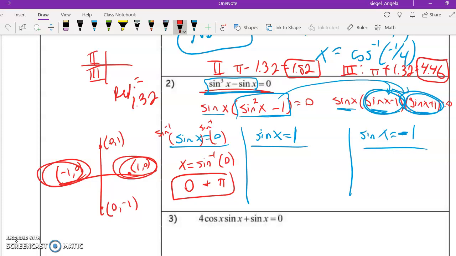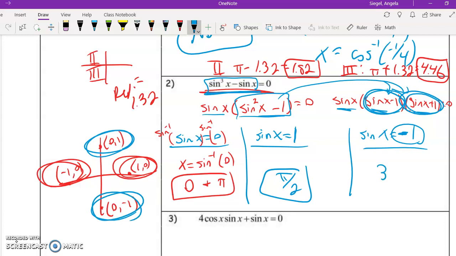Okay, so for this one, it's going to be sine of x equals 1. So I'm looking for that y as 1, which is this one. So that's going to be pi over 2. And then this one is y equals -1 down here, which is 3 pi over 2. So I actually have 1, 2, 3, 4 answers there as well.